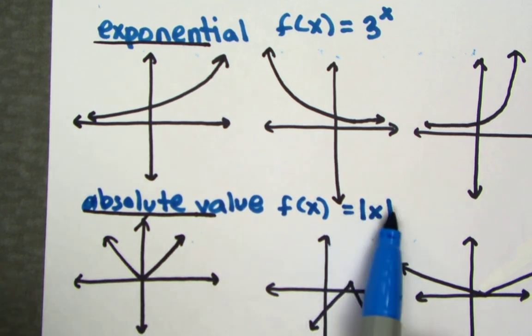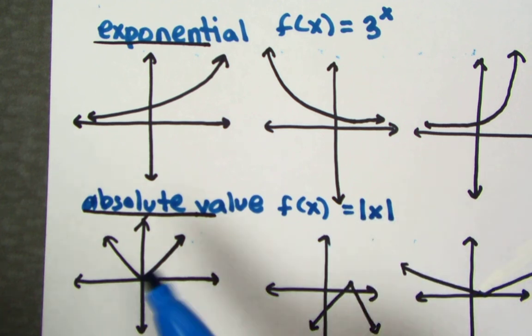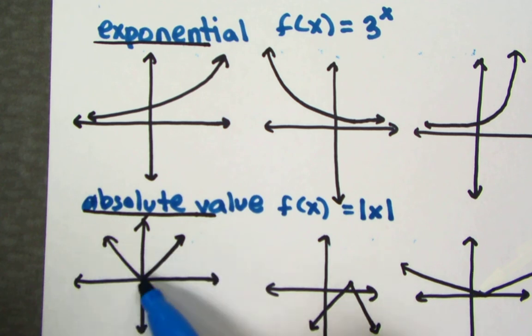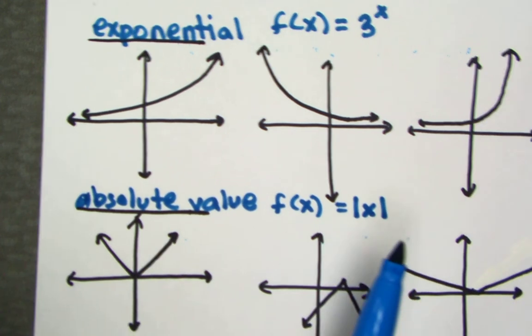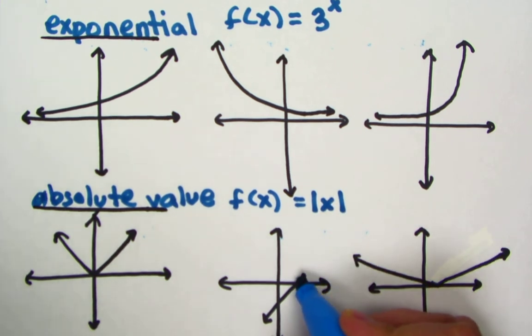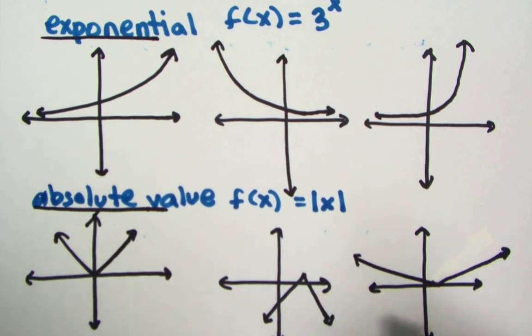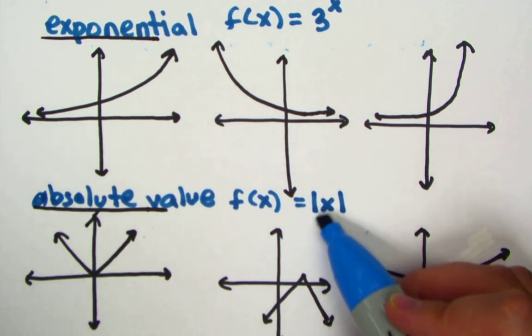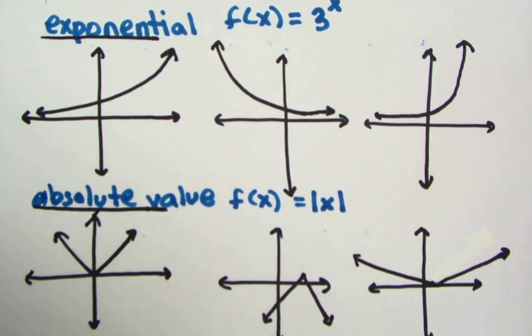Now if you have these two lines, kind of like parentheses, but these mean a little bit more than parentheses, your graph is going to end up looking like a V. The V could face up, it could face down, it could be skinnier, it could be wider. There's lots of different options for your V, but if it's a V, that means it's an actual point right there. It's not a curve. It's a point. If it's a V like that, it's an absolute value function. These two lines in equation form are a good tip-off that it's going to be an absolute value function.